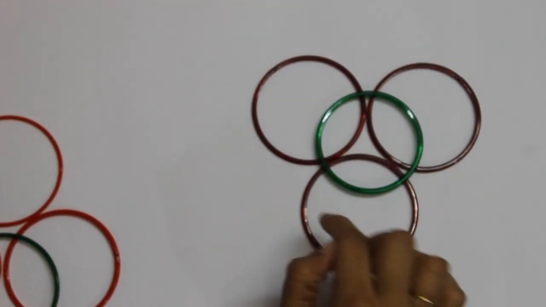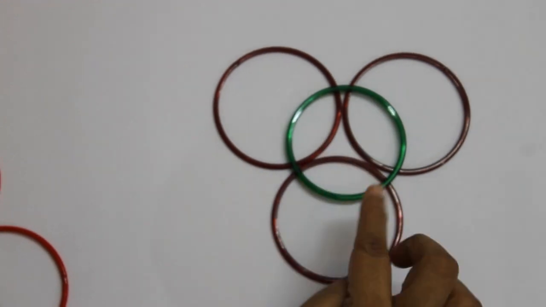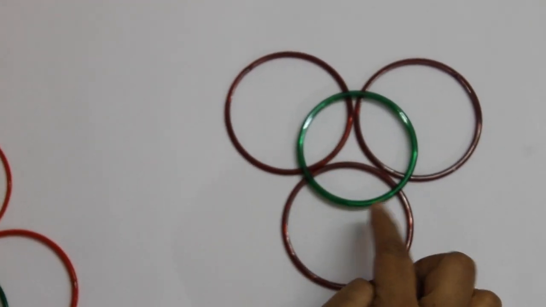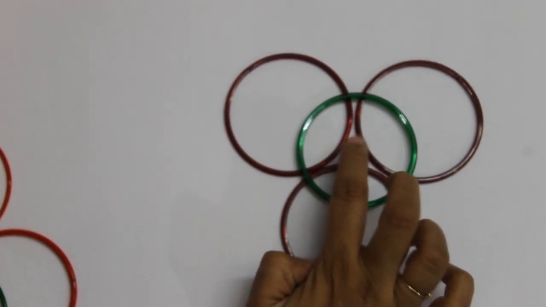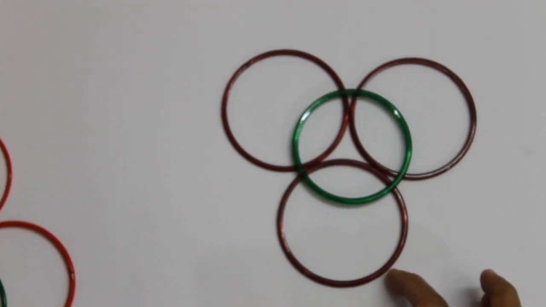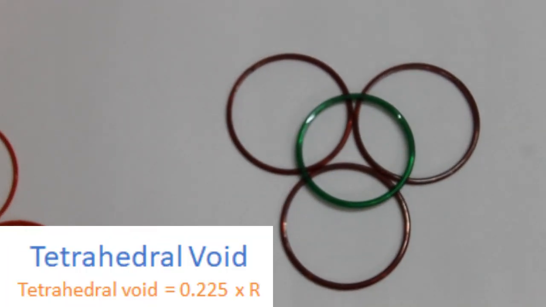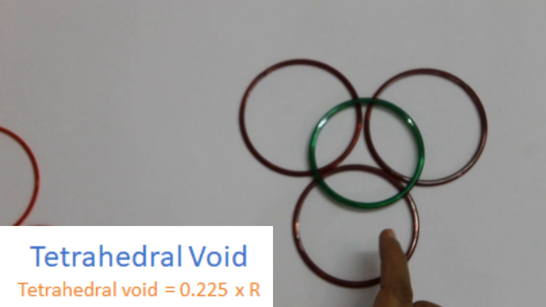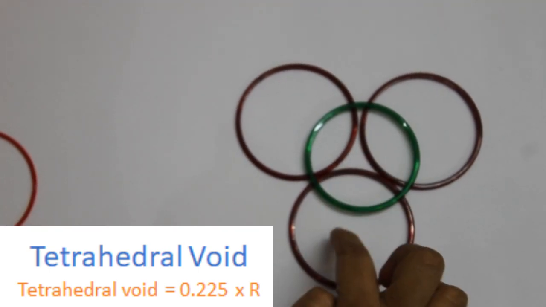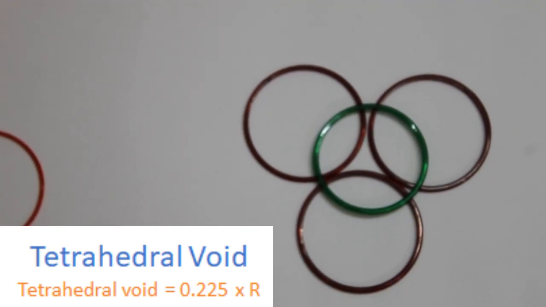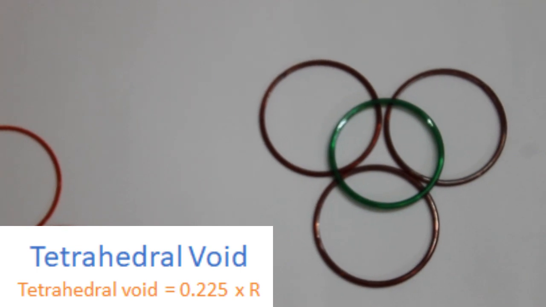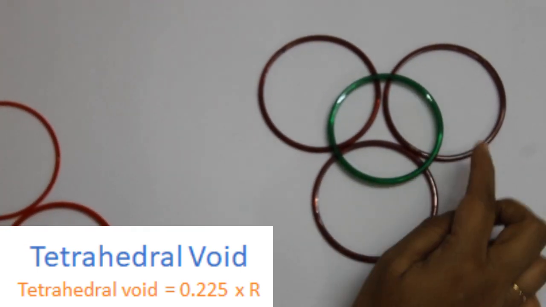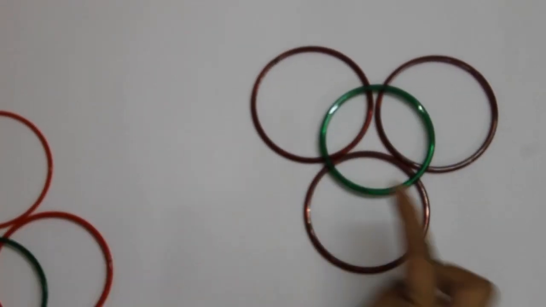The space between these 4 spheres in the shape of a tetrahedron, the empty space in between, is known as a tetrahedral void. Its coordination number is 4 because that empty space is in contact with 4 spheres, and its radius is 0.225 of the radius of the sphere.